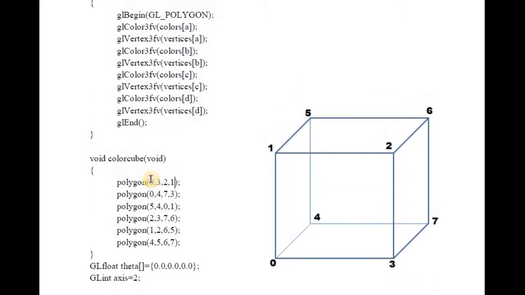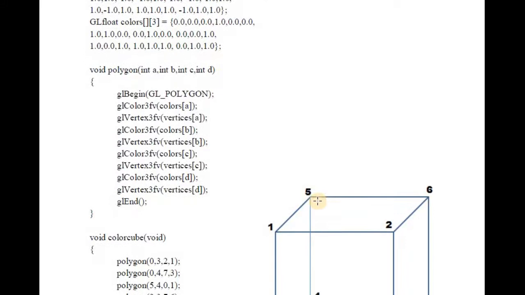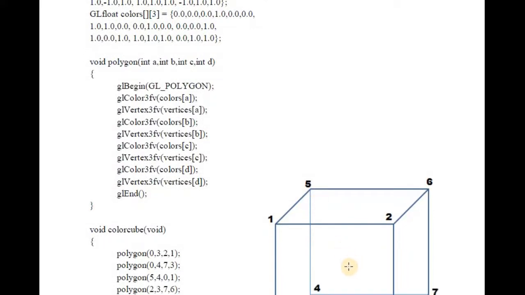Now let's look at this. The vertices are given with a two-dimensional array over here. Each is a set of 3 values, which is nothing but the x value, y-axis value, and z-axis value. If you consider this cube, the center point of the cube is taken as the origin.